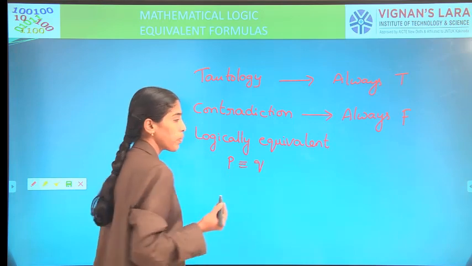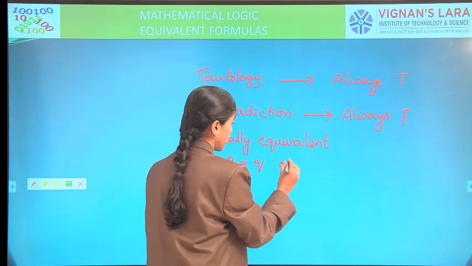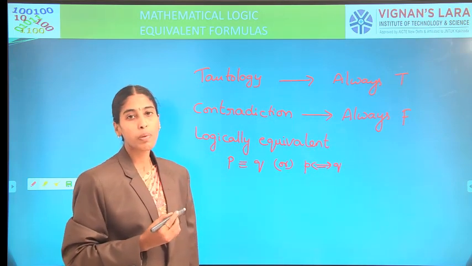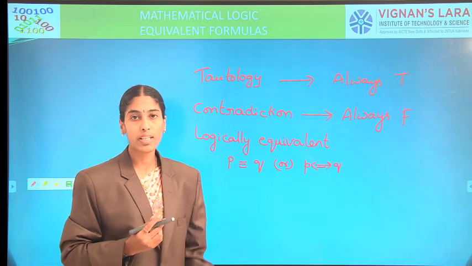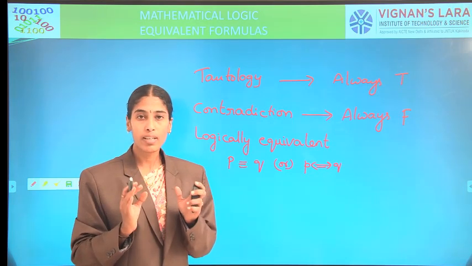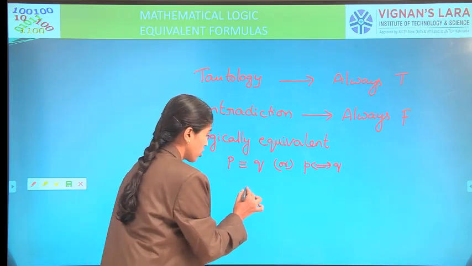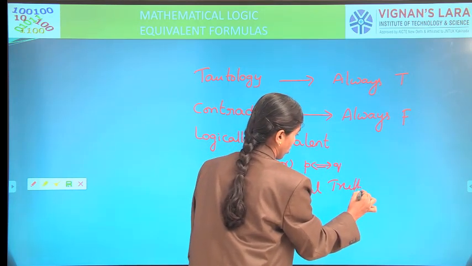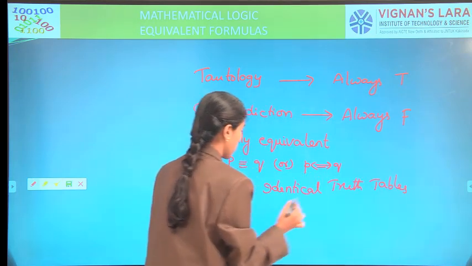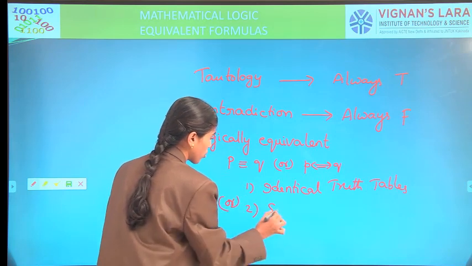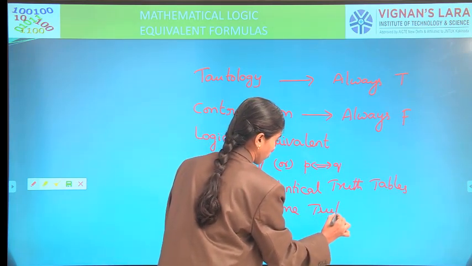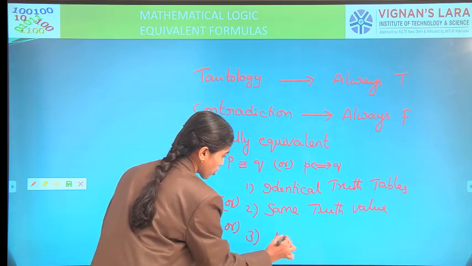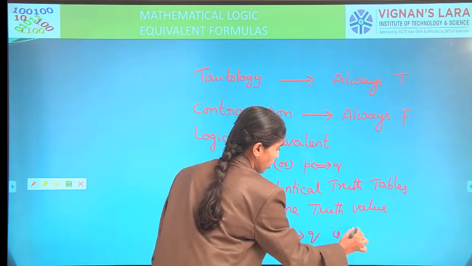It is denoted by P is equivalent to Q, using this symbol, to say that the propositions P and Q are logically equivalent if both P and Q have identical truth tables, or same truth values, or the third one is: the first proposition biconditional Q is a tautology.